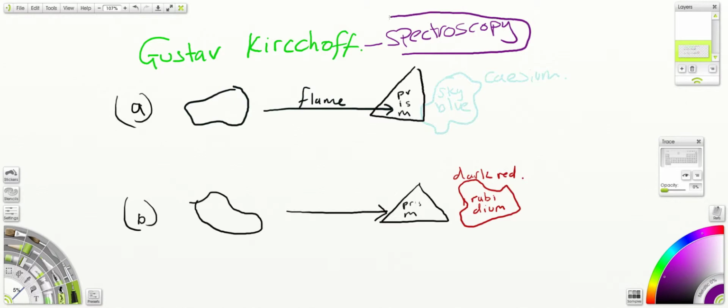He took an unknown element and used the flame test, burning it in a flame, and then divided the light that the unknown element made using a prism. In this first one he found a sky blue color, and because of this he called it cesium, because cesium literally means sky blue.